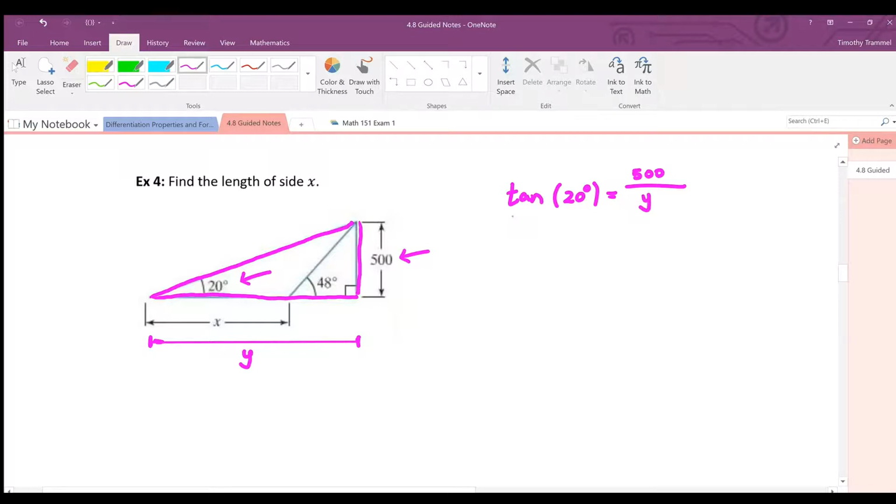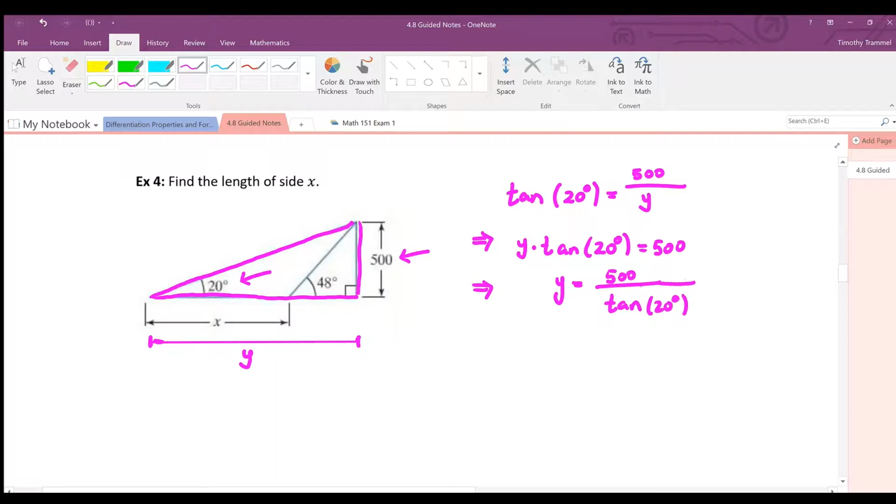And if we multiply both sides of this equation by y, we get y times tangent of 20 degrees is equal to 500, and then we could divide by tangent of 20. So we get y equals 500 over tangent of 20.